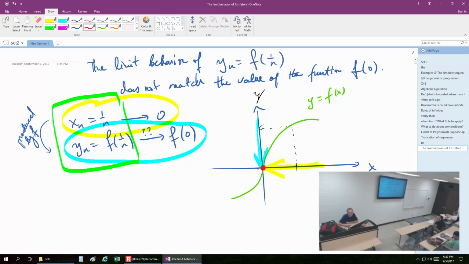What's happening is what you'd expect. The sequence on the x-axis goes towards 0, the sequence on the y-axis goes towards 0, as does the graph itself, and they meet at one single point, and everybody's happy.